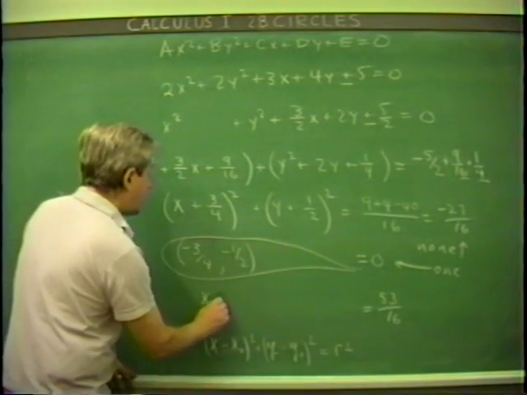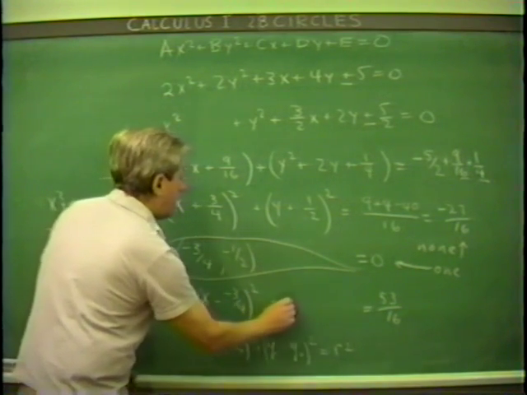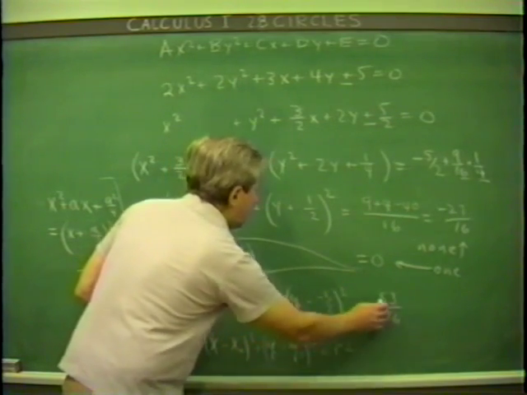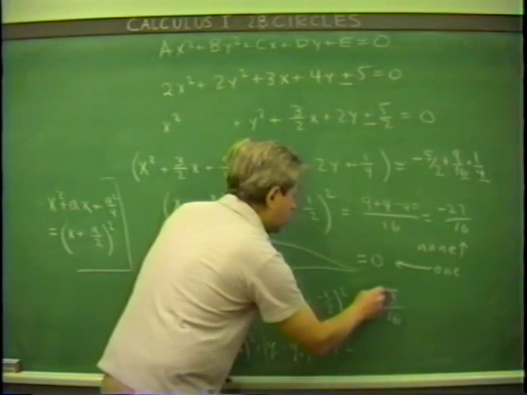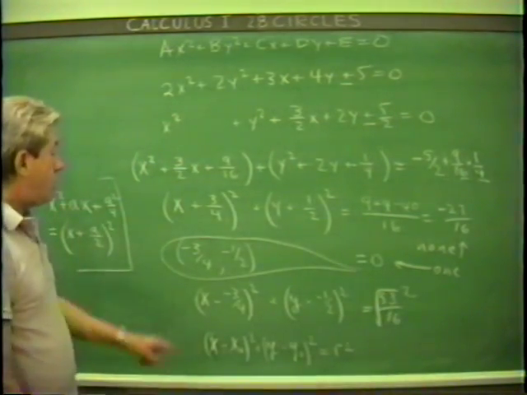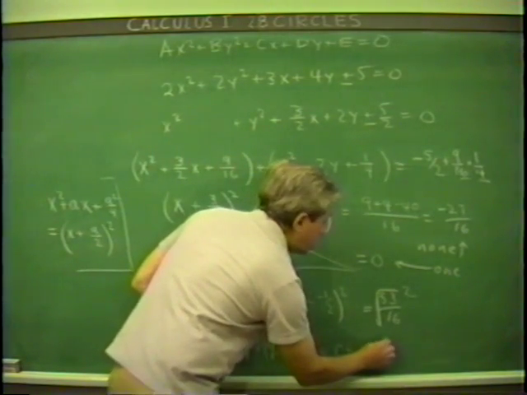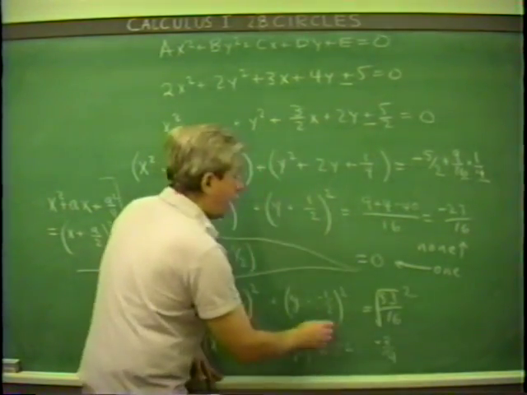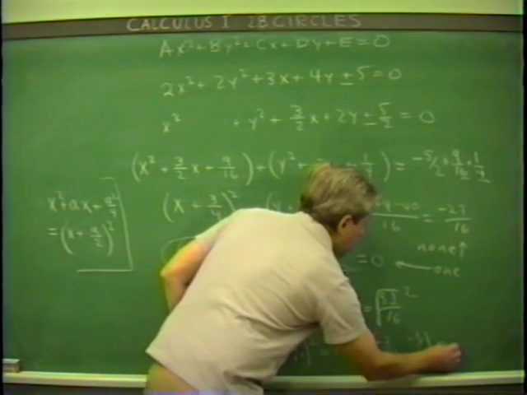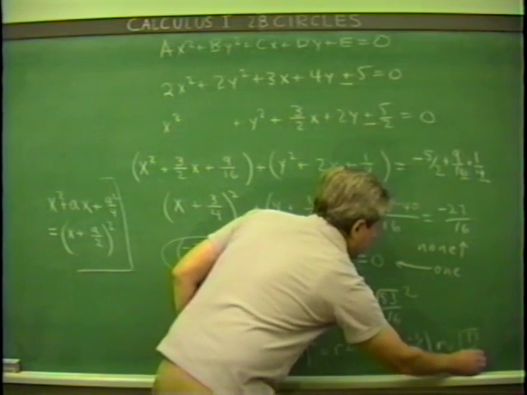If we write this as x minus minus 3/4 squared plus y minus minus 1/2 squared is 53/16, that's going to be the square root of 53/16 squared. So this is a circle centered at the point minus 3/4, minus 1/2, with radius equal to the square root of 53/16.